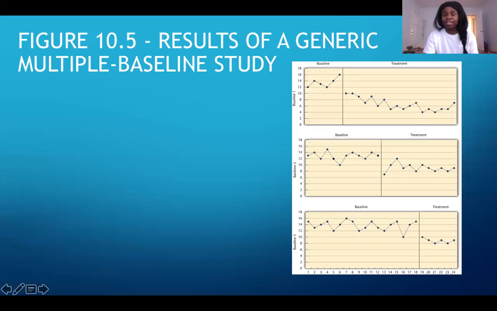So once again, make sure you pause here, make sure you understand what you're viewing. Again, you can refer to this specific figure on page 178. Okay.